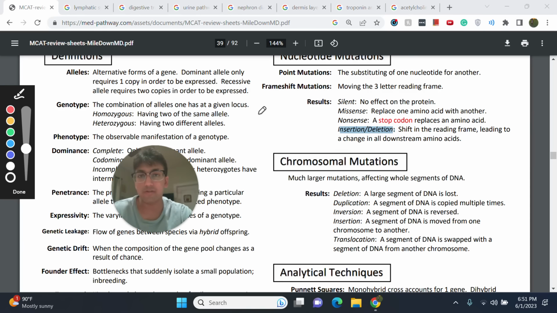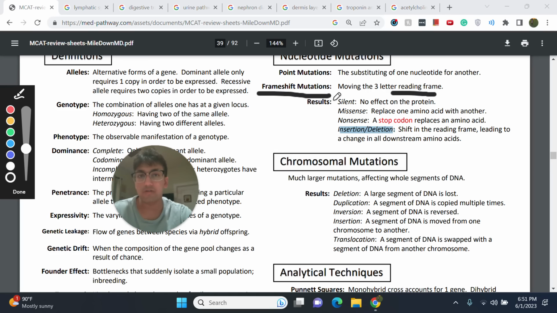So if you have, for example, A, T, C, and you add an A over here, then that's an insertion of a nucleotide, and that's going to cause this to be A, T, and then C is going to be on the next one, right? And so this is going to be a frame shift mutation, and that's very dangerous because basically everything in the DNA or the RNA molecule is going to be changed because you're now moving that 3-letter reading frame.